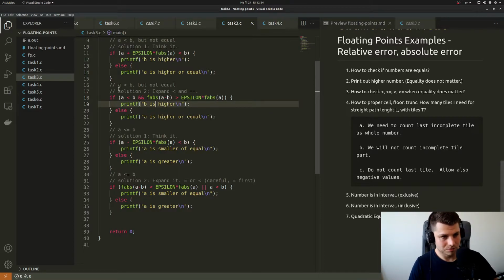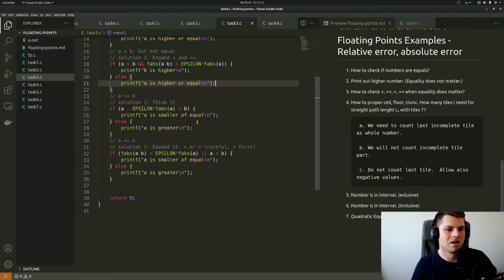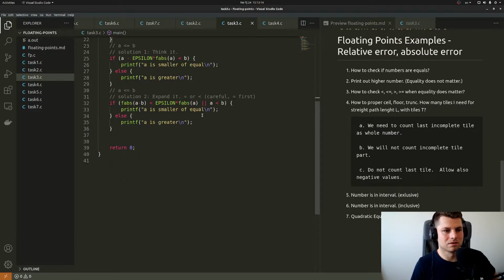A is smaller than b, negate, and also in the else branch, the negation is higher or equal, right? So a is smaller than b, the negation is a is higher or equal. Okay, this is kind of similar. A is smaller or equal to b.